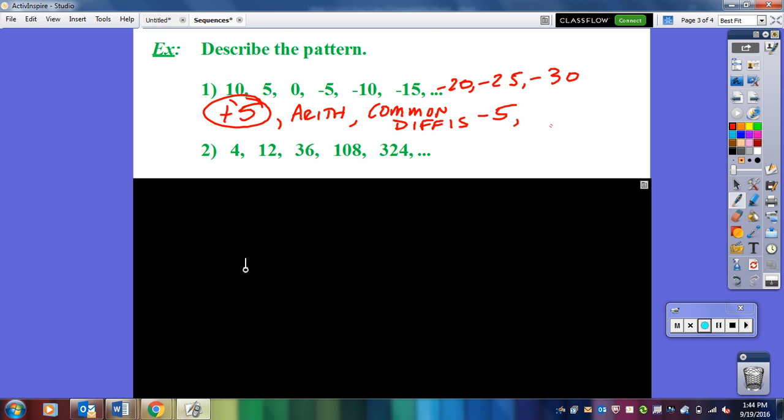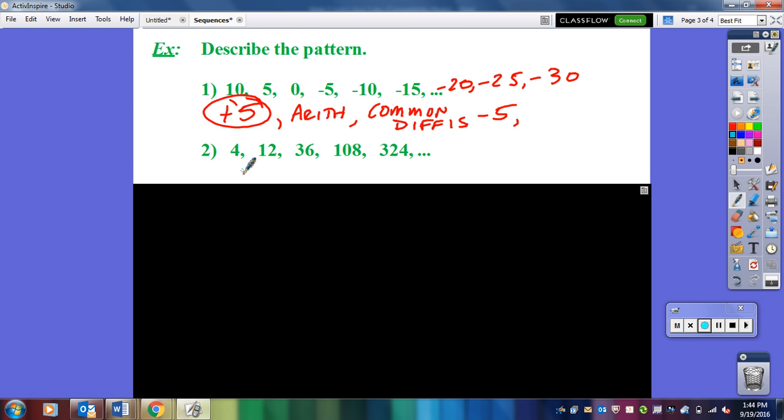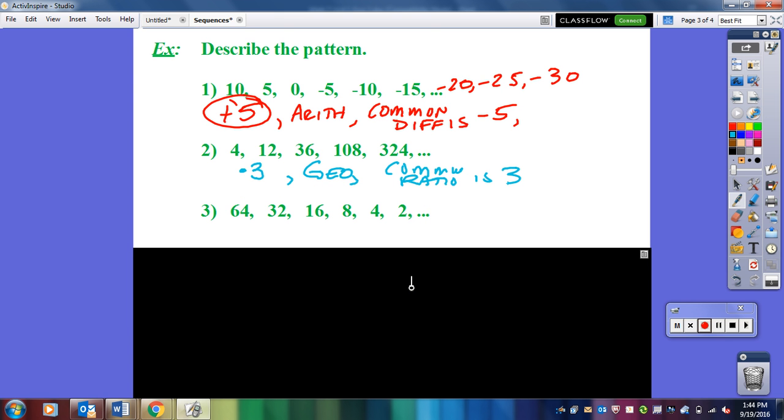Let's do this one. From 4 to 12, 12 to 36, that's getting big quickly. You're multiplying by 3. 3 times 3, that means it is geometric, and the common ratio is 3. Check out this one though. Got 2 more to do.